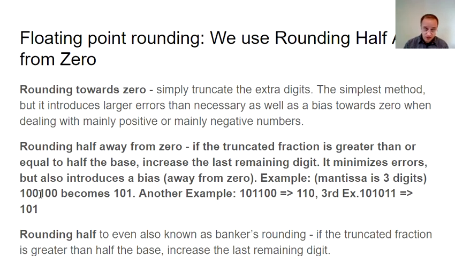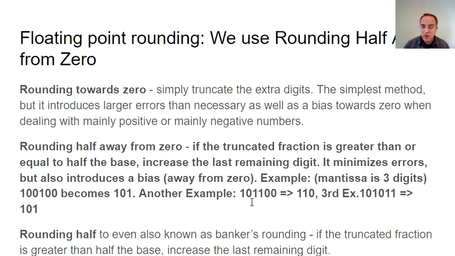Remember, the 1 here means it's a half. If it would be the 1 after the next, it would be a quarter. So if it's a half, it's essentially like 100.5. Well, 0.5 we're going to round up. So we add the 1 to this 0, and we get 101.